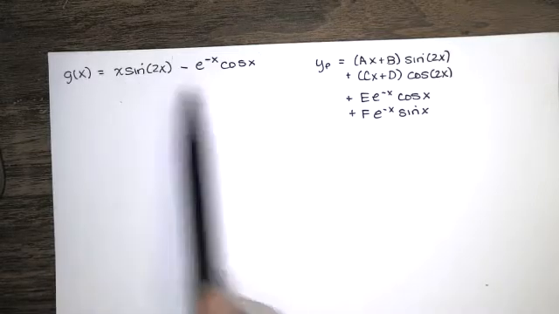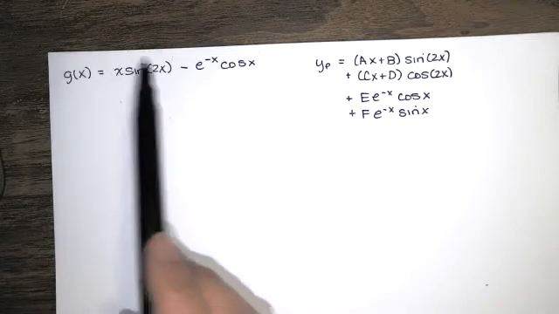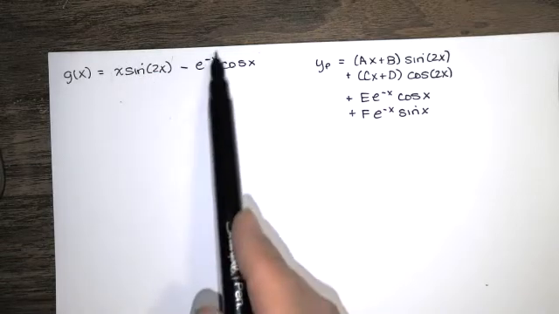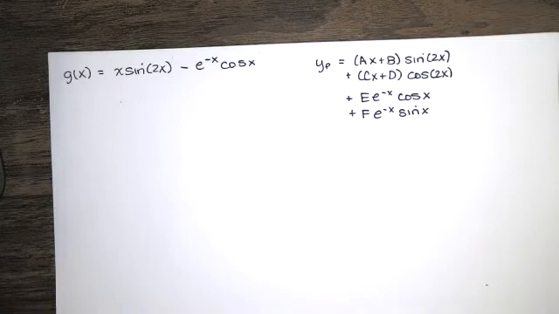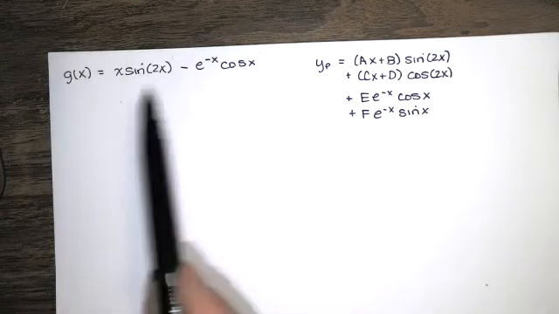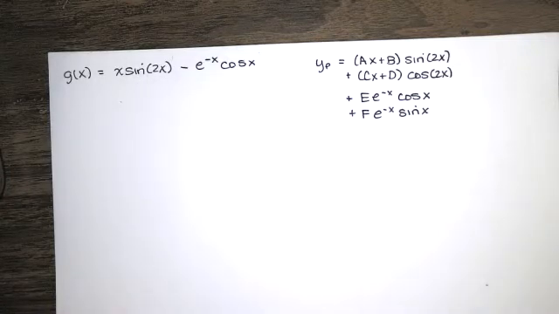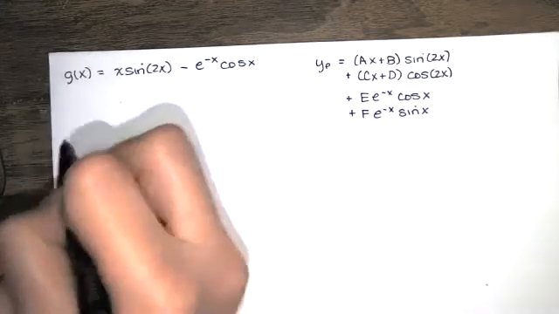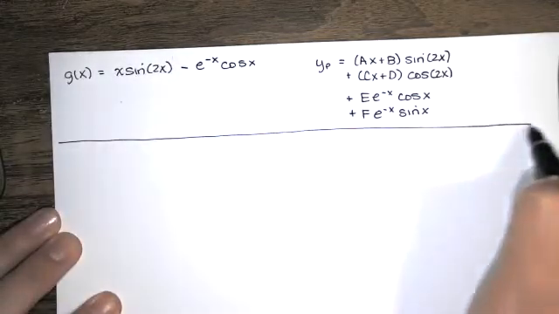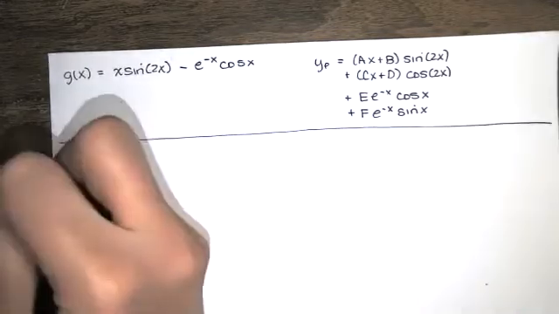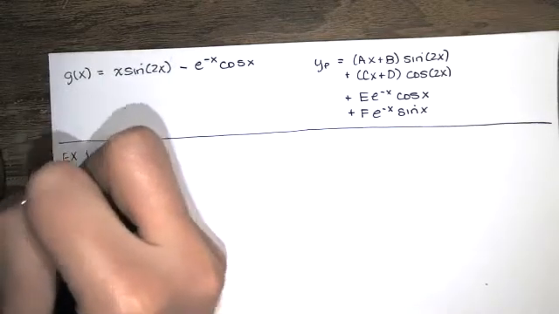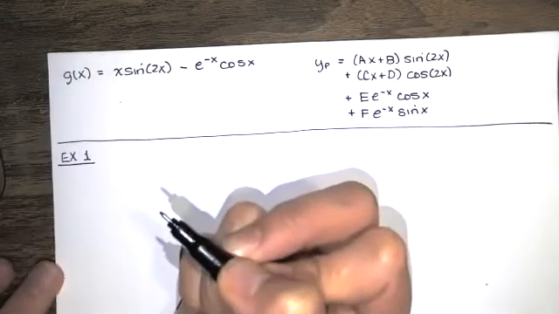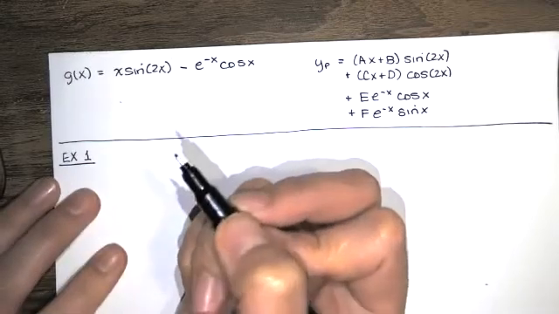So it's basically you take the guess for this part and this part and you multiply them together, and you take the guess for this part and this part and you multiply them together. And if you have a sum of terms, you add those in your y sub p. So let me show you one example, and then I'll show you where the method fails.